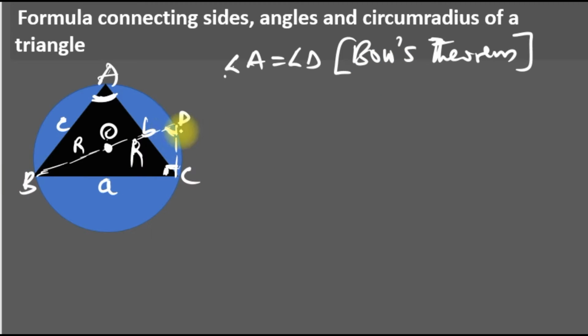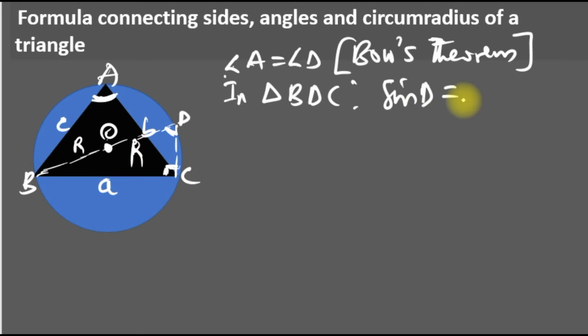So from this triangle, in triangle BDC, you see that, remember, our hypotenuse is 2R. Remember, the angle given is this, so this is the opposite. You see that sine D is equal to opposite, which is A, over hypotenuse, which is 2R.